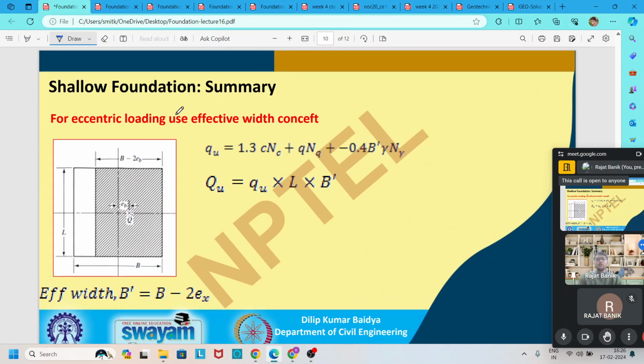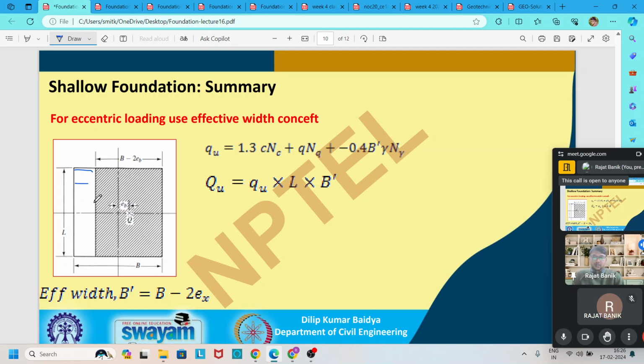Then we go through the effective area method. Due to eccentricity, the effective area may get reduced if the load acting on the footing does not coincide with the CG of the footing, or the center of the footing.